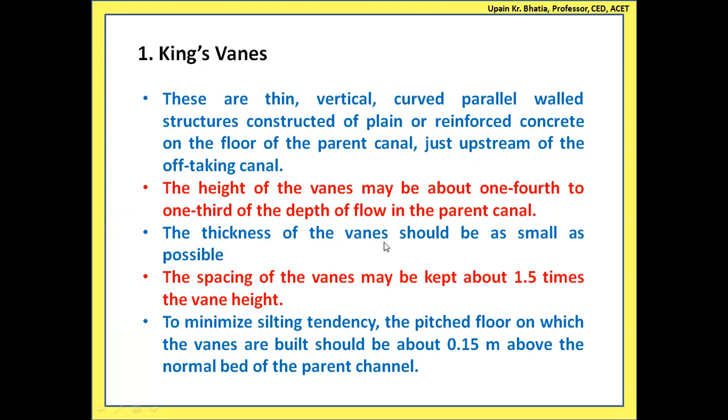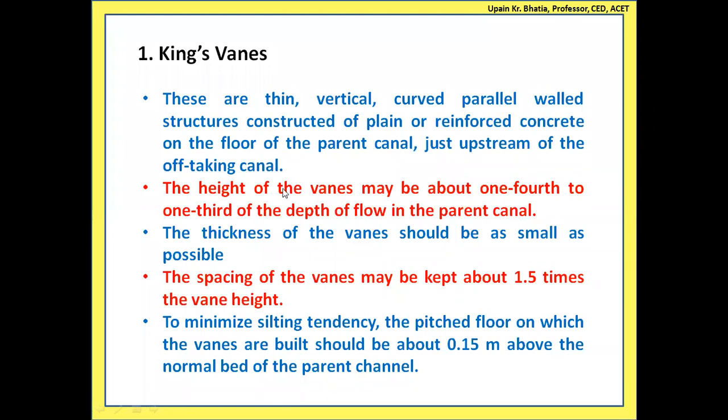The thickness of the vanes should be as small as possible, because otherwise they are going to obstruct the flow. So their thickness should be as small as possible, and both ends should be made sharp. The spacing of the vanes may be kept about 1.5 times the vane height. In the earlier sentence, we decided the height of the vanes to be 1/4 to 1/3 of the depth of flow in the parent canal.